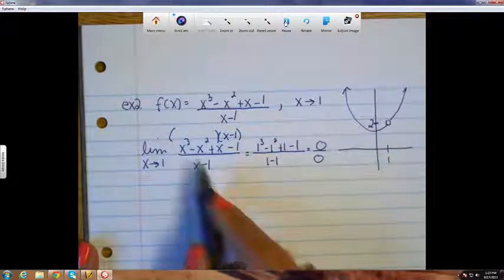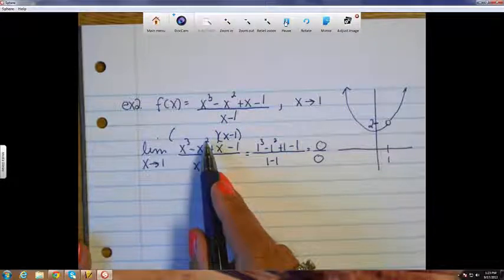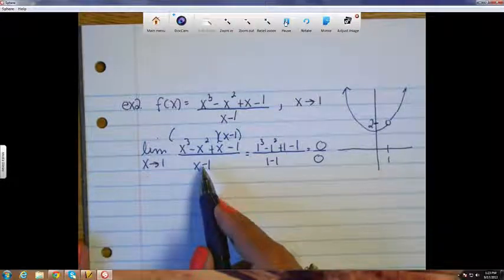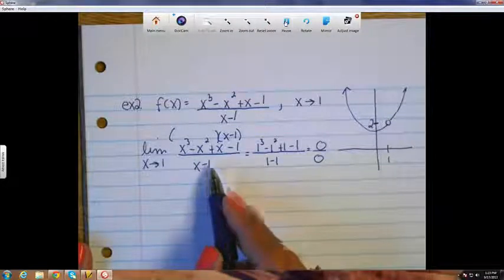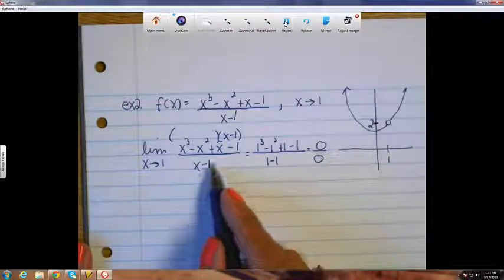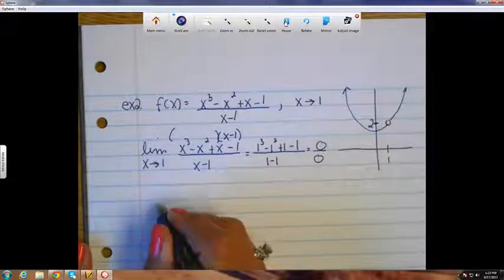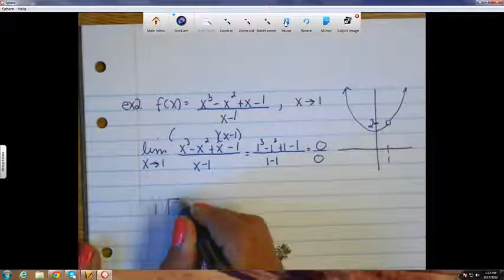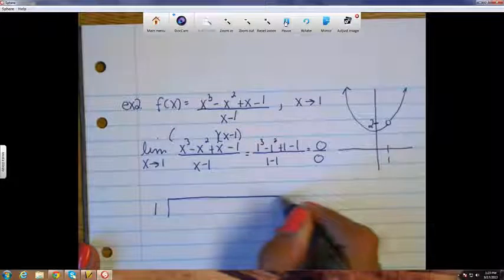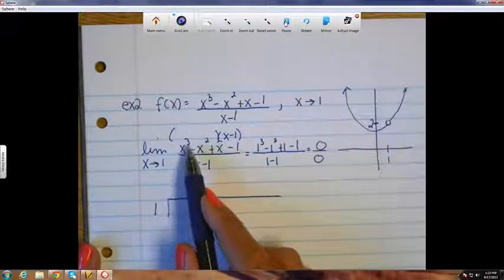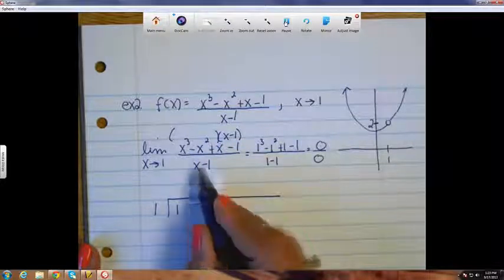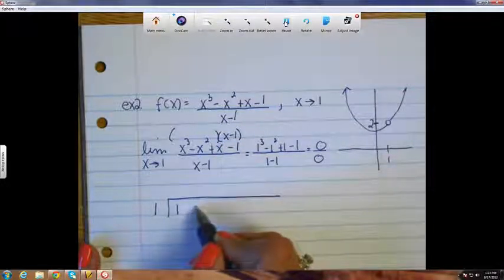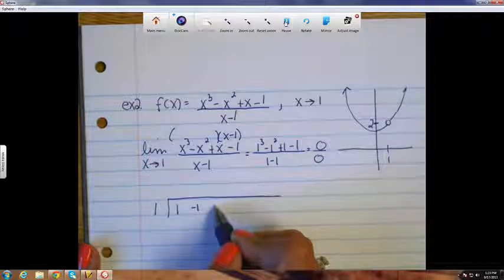To find the other factor, you're going to use that synthetic division, your box that you learned the other day. So we're dividing by x minus 1. You take the opposite of this term, which is 1. Make your little box. Then you need all of the coefficients, starting with the highest one and down. So that's positive 1. Next one's negative 1. Positive 1. Negative 1.